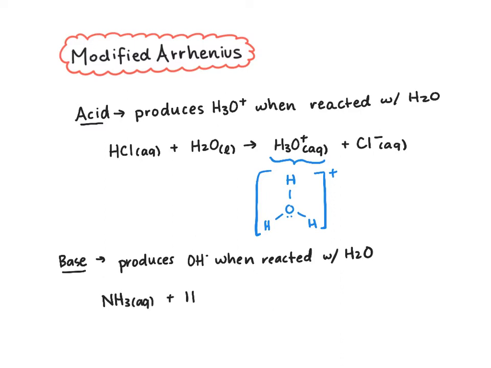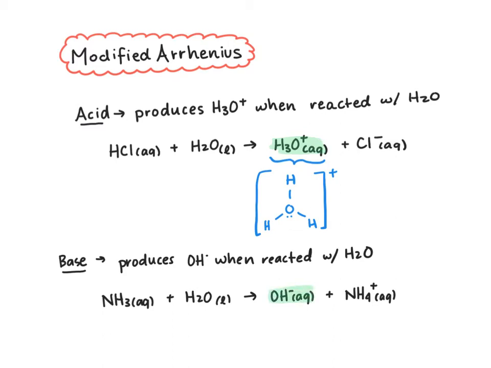When reacted with water, we're looking for that hydroxide to form, OH- plus NH4+. So for the modified Arrhenius definition, we're really looking at the product in that reaction with water. We're looking for either hydronium or hydroxide.